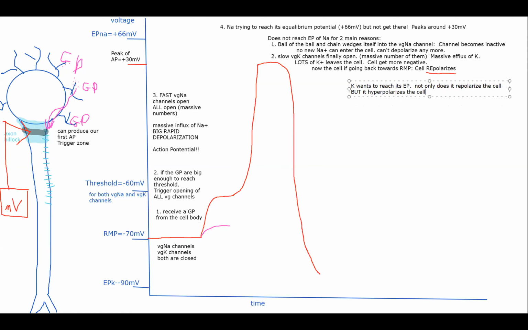This portion where it goes beneath the resting membrane potential, we call this the undershoot. Right, it undershoots the resting membrane potential and just keeps on going. Because again, what potassium cares about is reaching its equilibrium potential. So it doesn't care about the resting membrane potential.